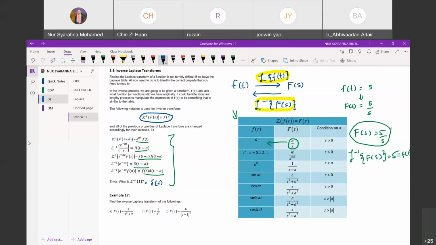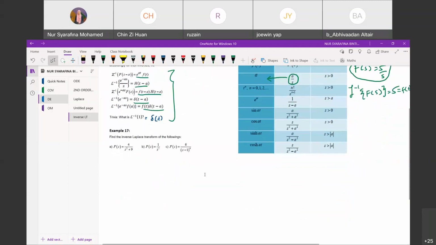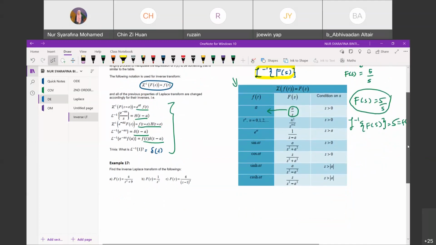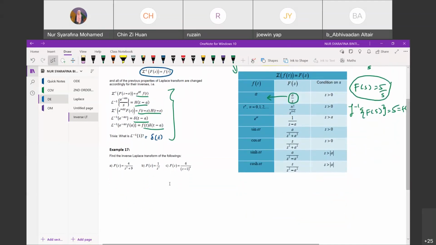Now let's take a look at this example. We have 4 over s squared plus 9. Based on these properties and also the table of transformation, which form is the most suitable form of F(s)?